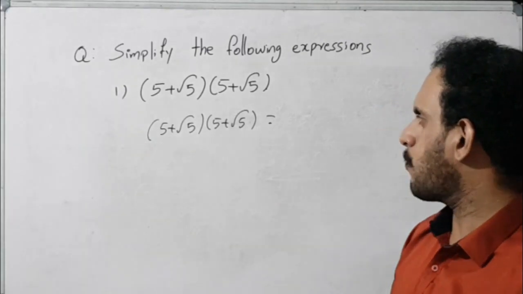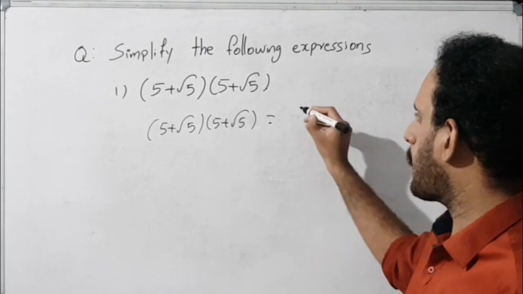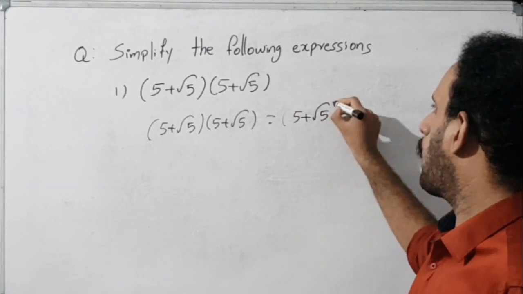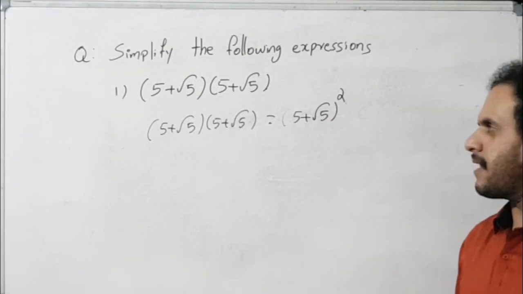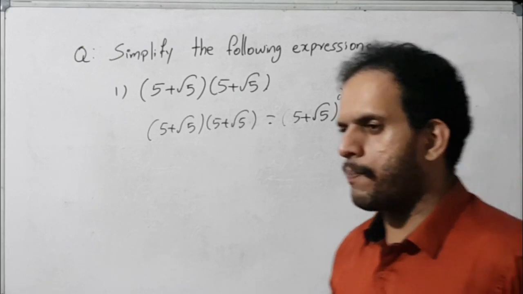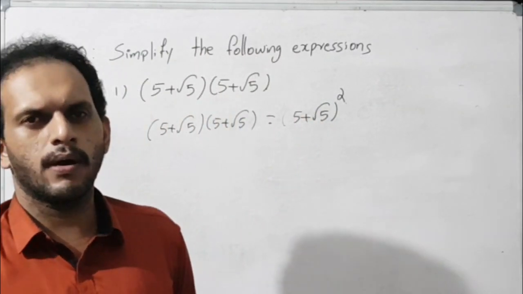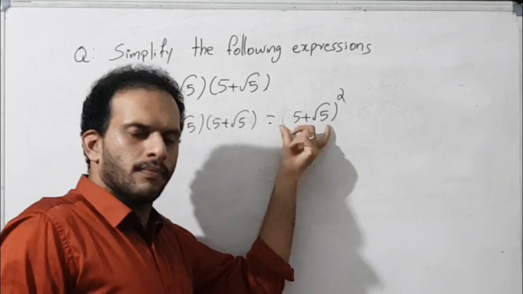Then 5 plus root of 5 into 5 plus root of 5, how do we represent it? We represent it as 5 plus root of 5 whole square. Correct? Then, my dears, what is this form?